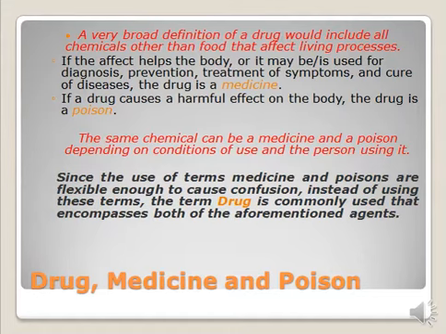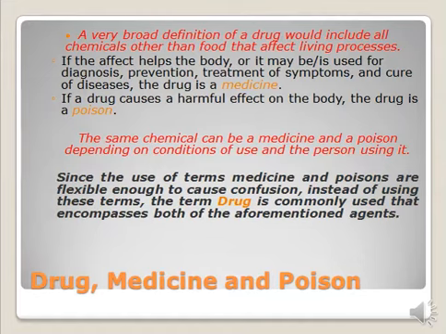So this term of medicine and poison sometimes becomes so confusing that instead of using the terms medicine and poison, we call them drug, right? So the purpose of using the term drug is to avoid the confusion between medicine and poison, because under certain conditions a medicine can become a poison, and a poison can also be used as a drug or as a medicine.